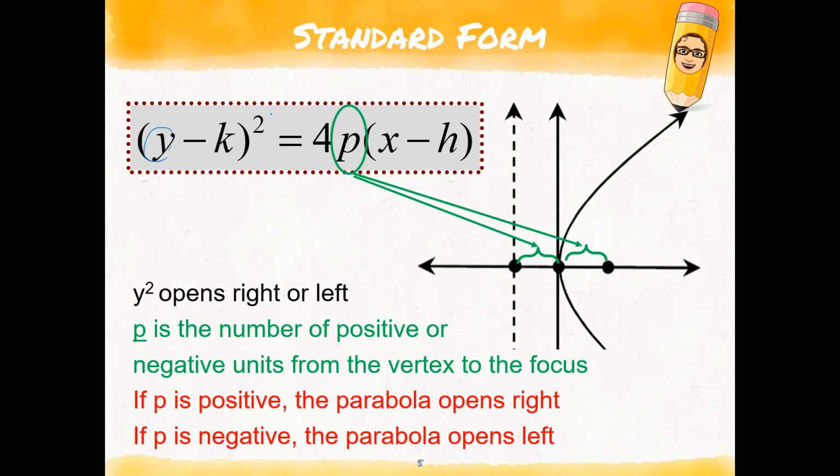That makes sense because to the right is always a positive number, right? And when p is negative, the parabola will be opening to the left. So that's the first thing we're always going to identify on a graph: which way is this thing opening, so that we know which way to draw it and also which way to put the focus and the directrix.